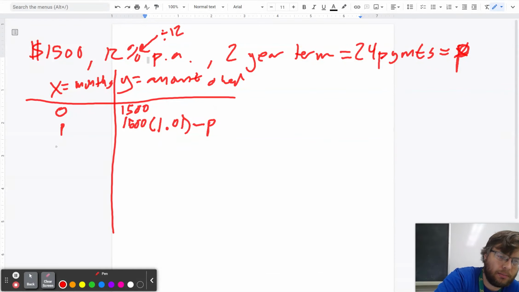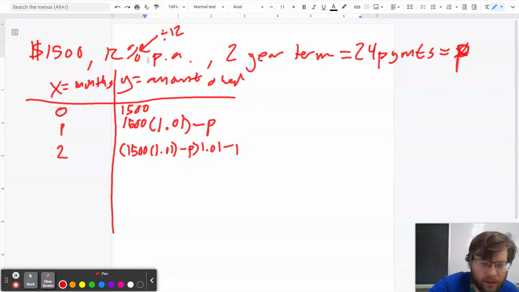Then in month 2, everything that happened before, 1,500 times 1.01 minus P, gets multiplied by 1.01, and you have another minus P at the end.